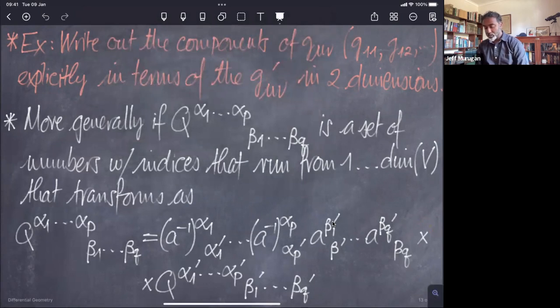This times here is just the fact that I can't fit this on one line, so it's normal multiplication.